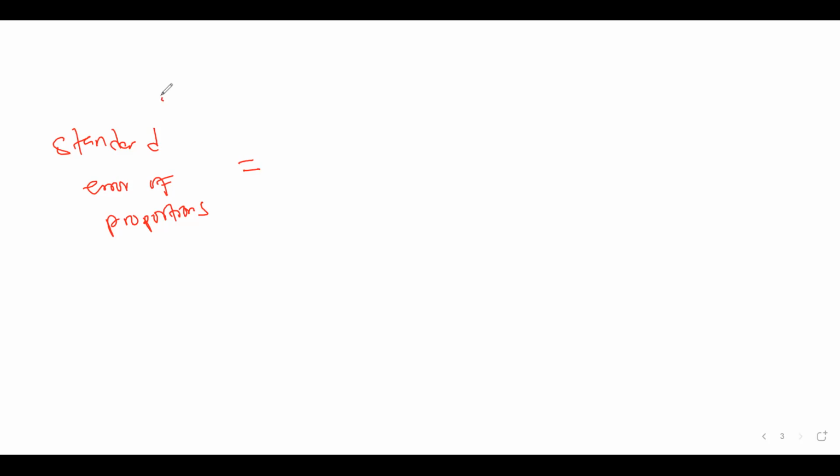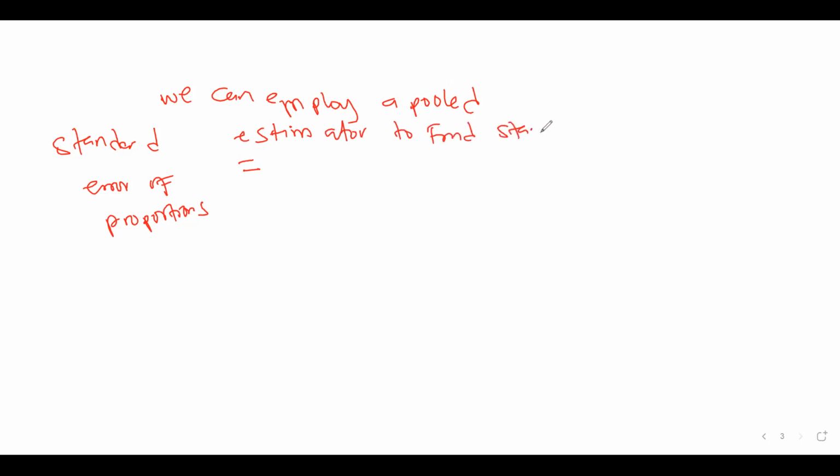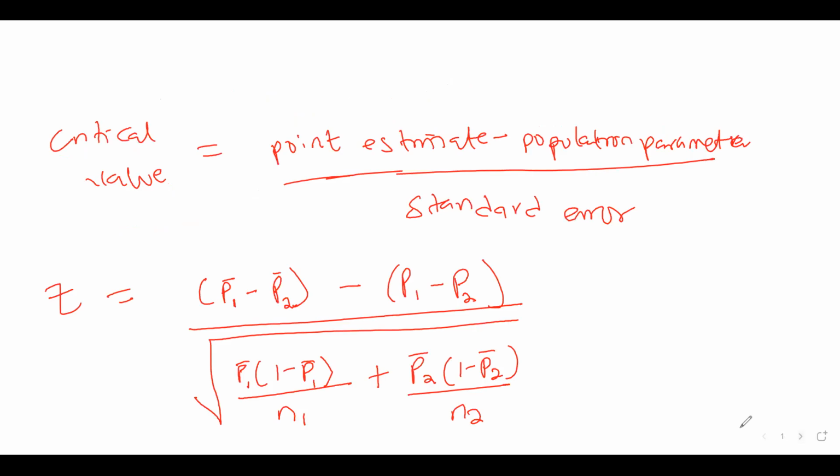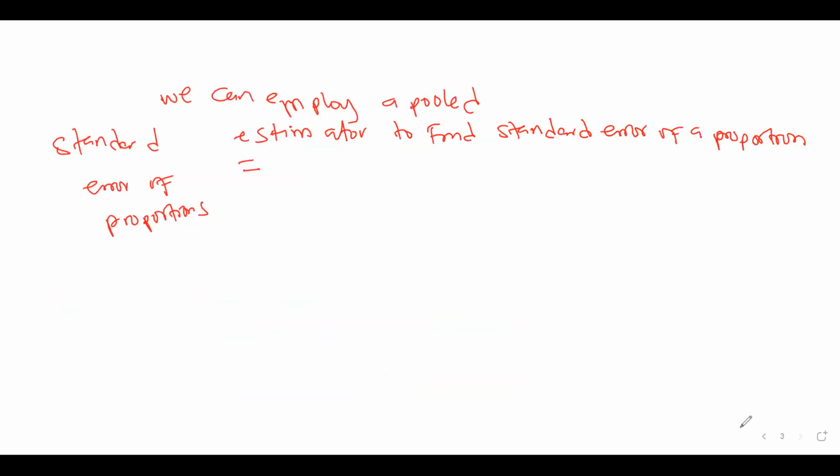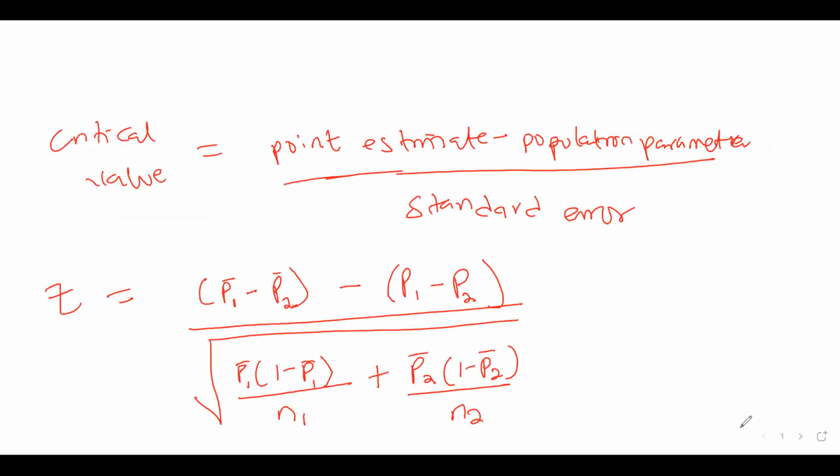Here we can employ a pooled estimator to find the standard error of a proportion. Unless you are being asked to use the pooled estimator, if you use the standard error you know, you should get the same answer.